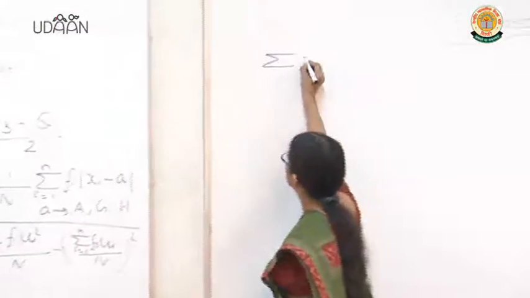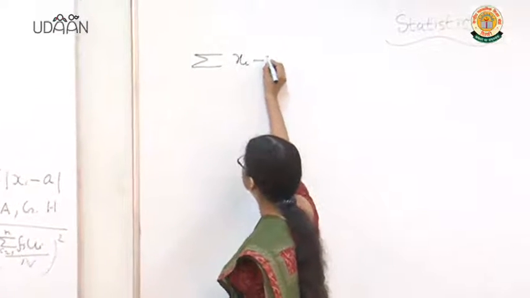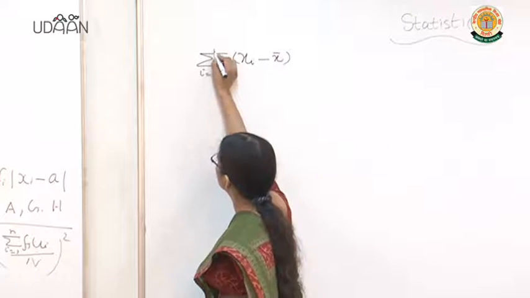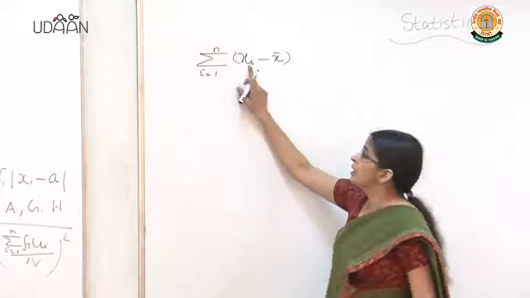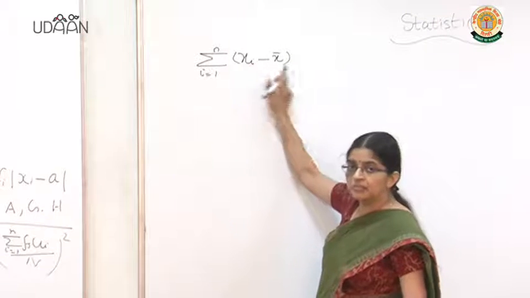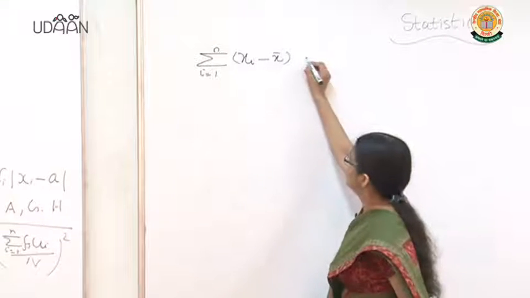Sigma xi minus x bar, i varies from 1 to n. What is this? The algebraic sum of the deviations of xi from the arithmetic mean. I will make it more clear.